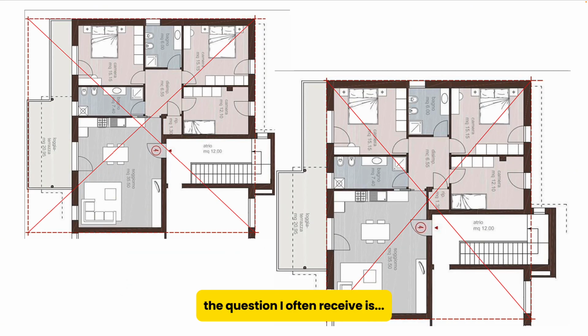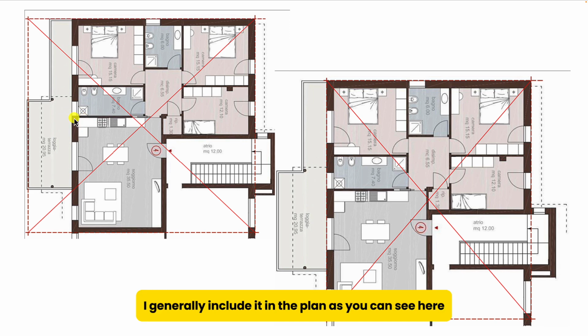The question I often receive is, do you include the terraces or not? Well, this is a good question. It depends on the size of the terrace and especially how the terrace is used. Sometimes terraces are so small that they only serve to look out from the window of a living room, say, or a kitchen. In the case of a large terrace like this, I generally include it in the plan.